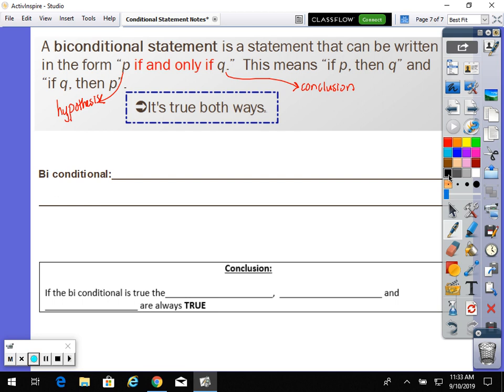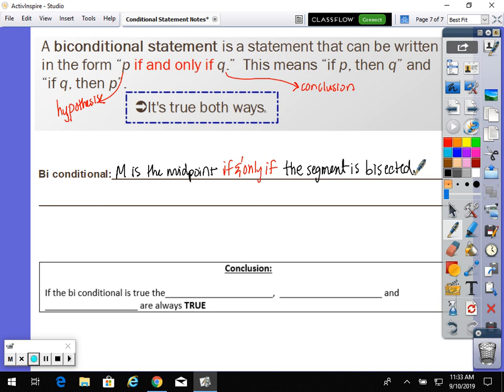So this statement would read, M is the midpoint, and then I'm going to switch to red, and I'm going to say if and only if, and now this is my conclusion, the segment is bisected. There we go. The segment is bisected.